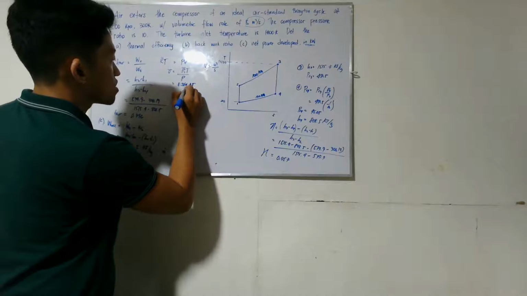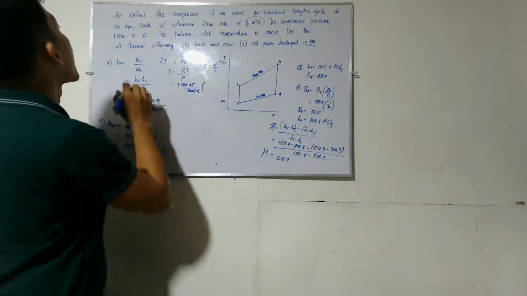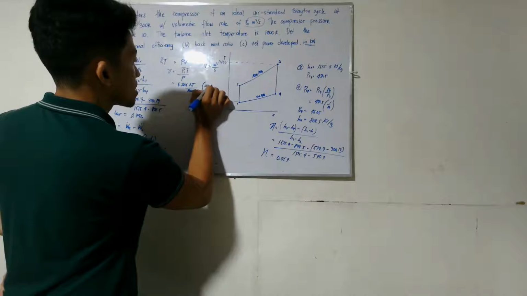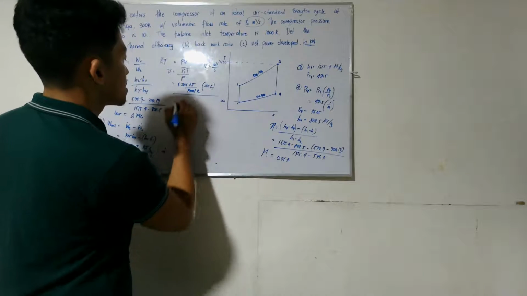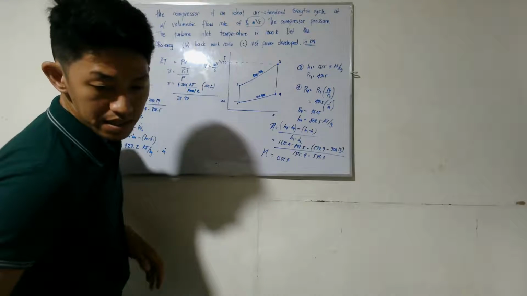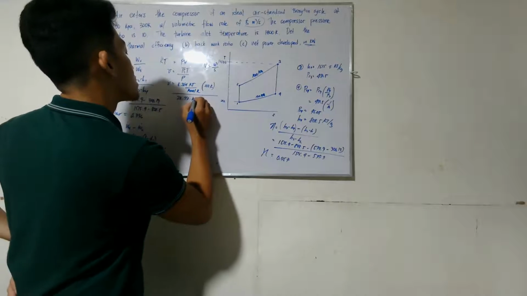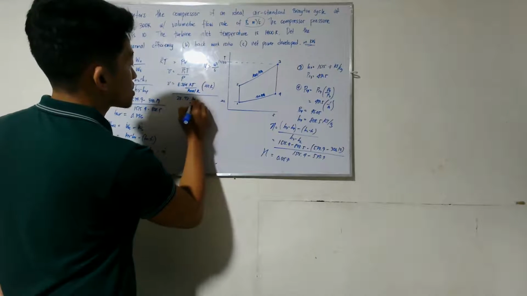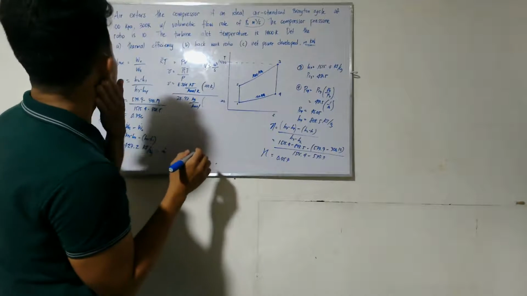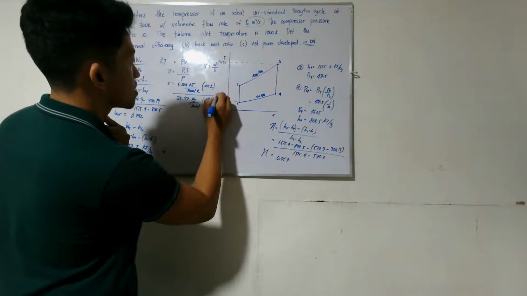8.314 kilojoule per kilomole Kelvin times we will use state 1, 300 Kelvin, over 28.97 kilogram per kilomole, over pressure of 100 kilonewton per m square.